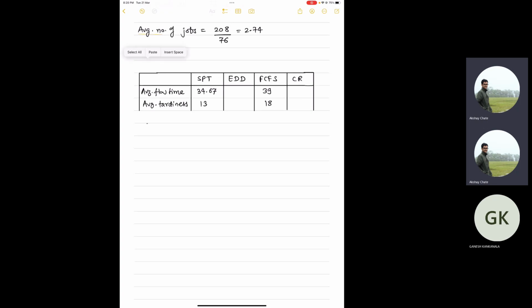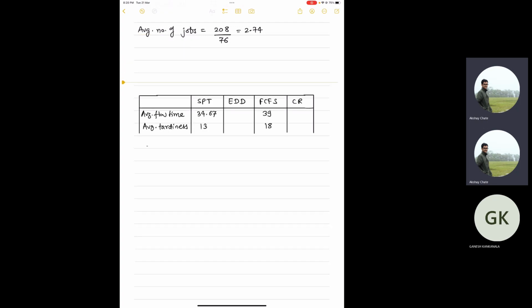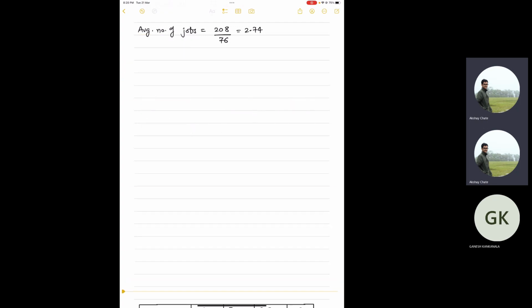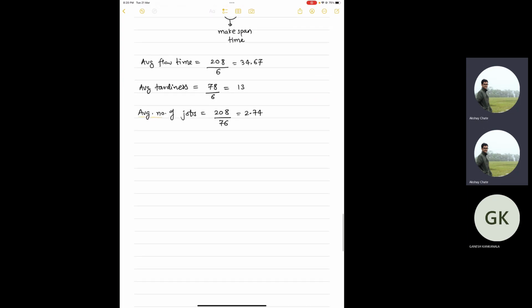Anyway, I'll insert some space here, because this table should come at the end, after all comparisons. So now, let's say we are going with the CR criteria.